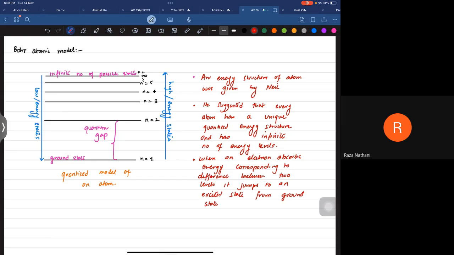So let's suppose n equals 2 will have a certain energy that it requires to jump from ground state. So if that energy is available, electron will make the jump. Okay, it's very simple like that.